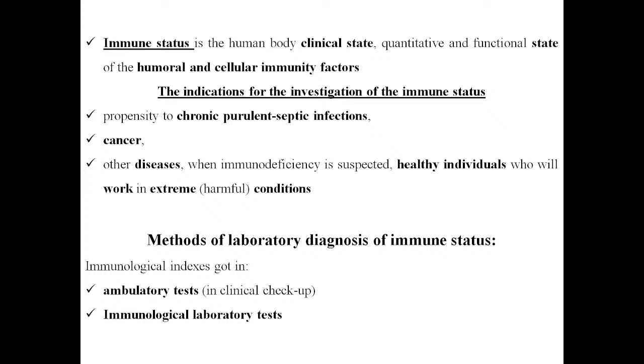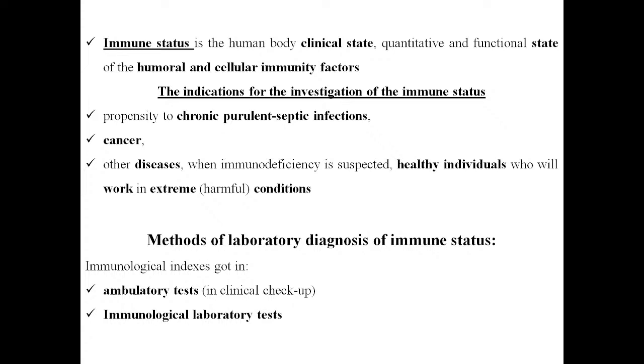The indications for the investigation of the immune status include propensity to chronic purulent septic infection, when our patient has long-lasting chronic purulent septic infections, cancer, and other diseases when immune deficiency is suspected.